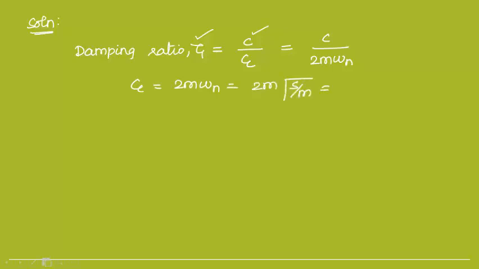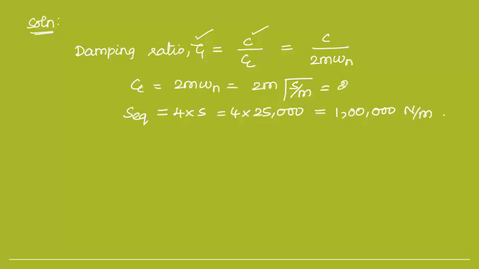Here a total of 4 springs are used, each having stiffness of 25,000 Newton per meter. So the equivalent stiffness of all the 4 springs is 4 into 25,000, that is equal to 1 lakh Newton per meter.